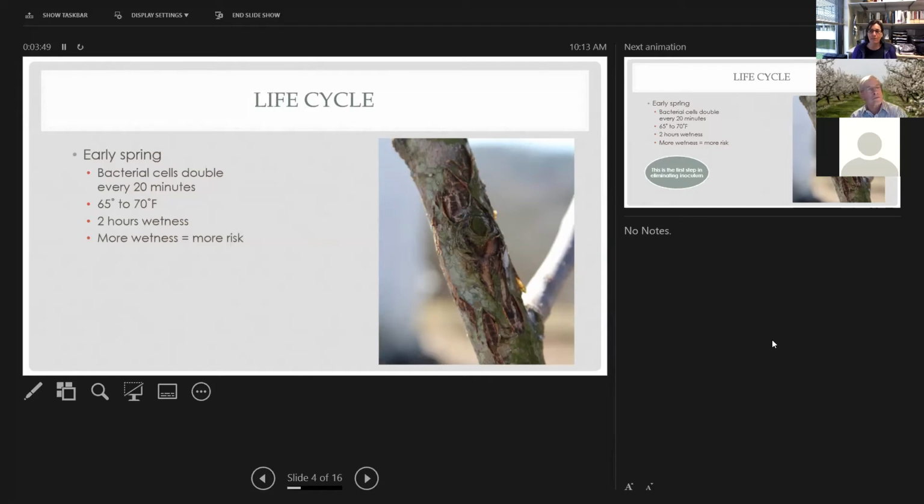That's what's happening outside right now as we speak. The wetter it is, the more these bacterial cells will multiply, the warmer it is. And I'm talking warm in the context of springtime warm. So as we get up to that 70-degree mark, 60s and 70s, the warmer it is, the wetter it is, the more bacterial cells will multiply.